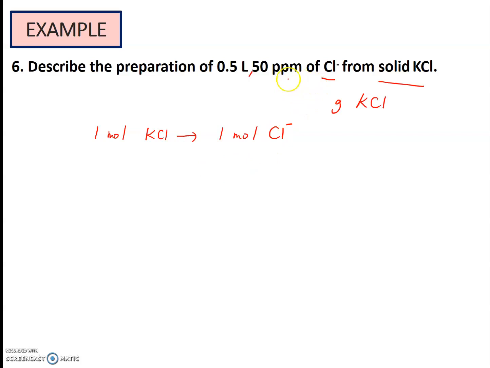Next, same technique. If ppm, from solid, so it involves gram and there is volume. So either you use the unit gram per ml times exponent 6, or milligram per liter. Either one.